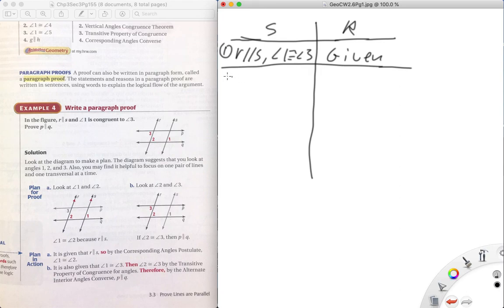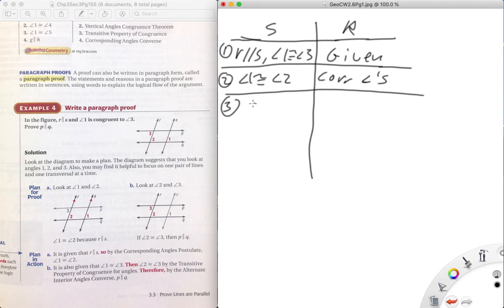I can also say that 1 is congruent to 2 because of corresponding angles: if two lines are parallel, then corresponding angles are congruent. Third step, 1 is congruent to 3, and 2 is congruent to 1, so I can say that 2 is congruent to 3 by the transitive property of congruence. And I could say substitution, why not?